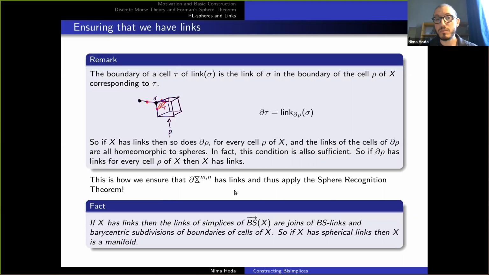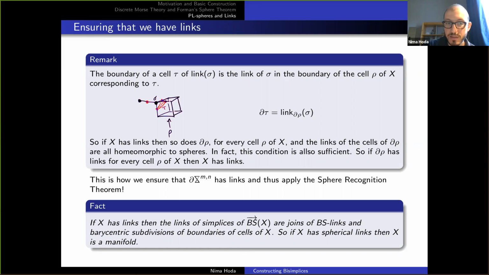And this is the way that we ensure that the boundary of the MN bisimplex in our inductive construction has links and are then able to apply the sphere recognition theorem. Moreover, we know that if a simplicial complex has spherical links, then it's homeomorphic to a topological manifold.